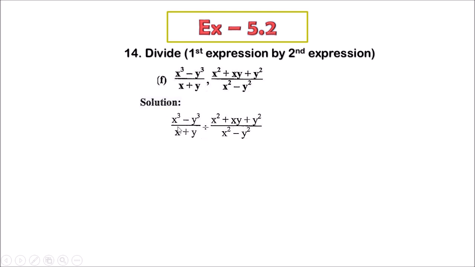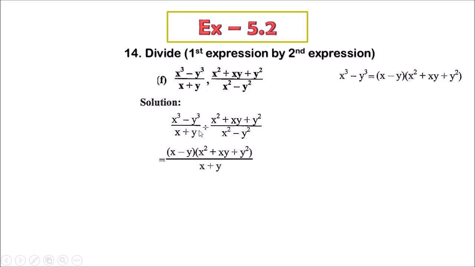So here is the first expression, divided by the second expression. You can see x cubed minus y cubed; we know the factor formula, that is x minus y, x squared plus xy plus y squared.